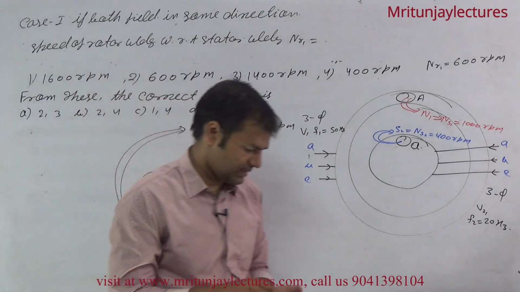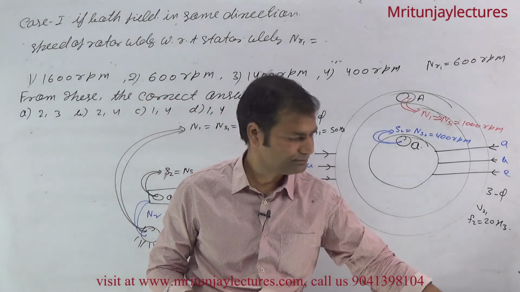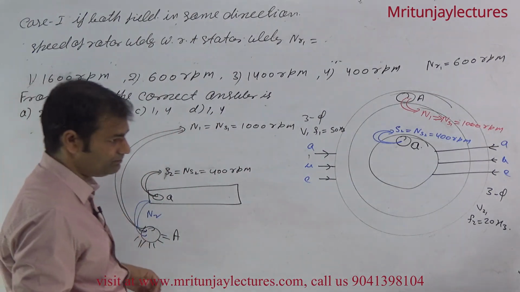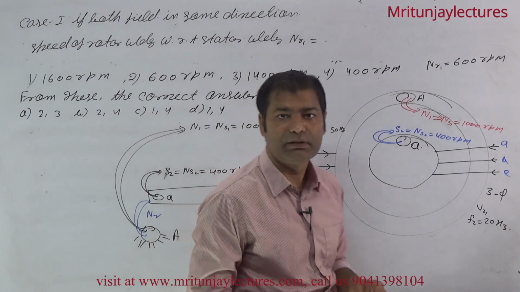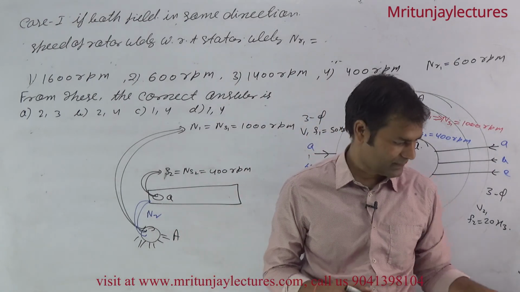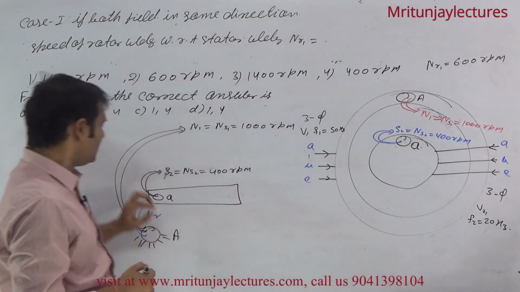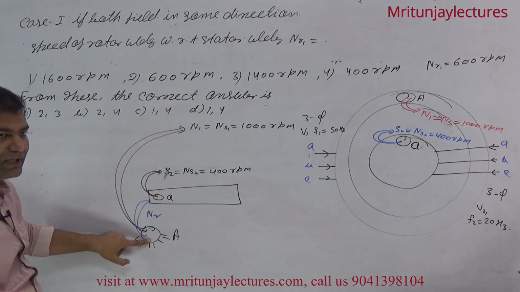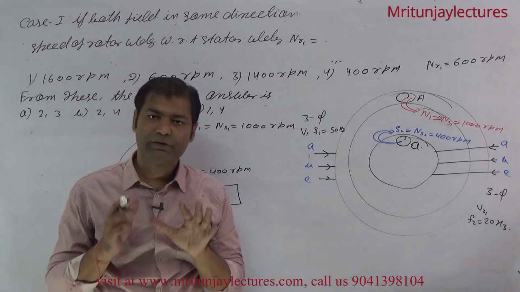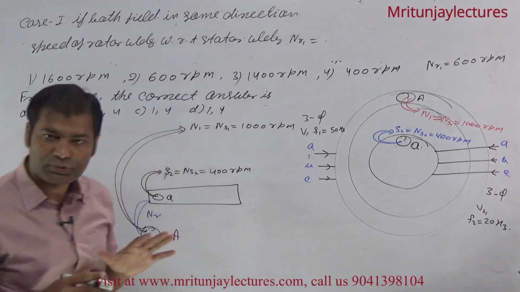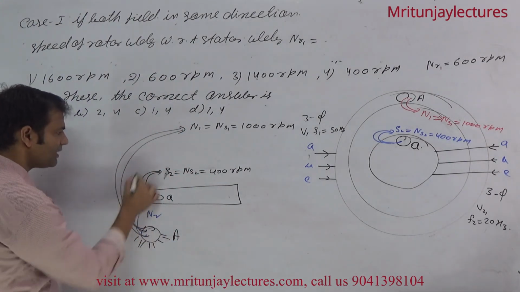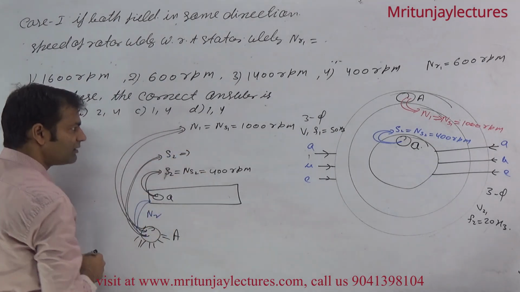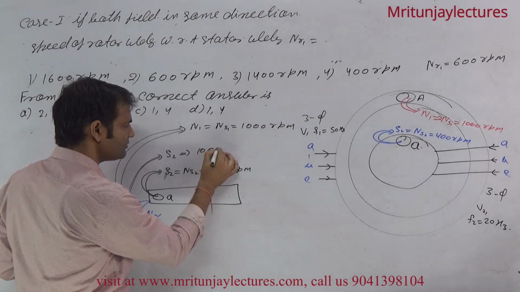Okay, clear? I have already discussed this in a previous lecture on the three-phase doubly excited induction motor. The stator field speed with respect to the stator winding and the rotor field speed with respect to the rotor winding: our motto is to focus on S2 rotating with speed 1000 rpm.